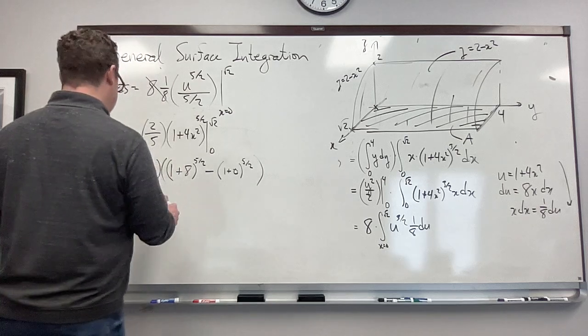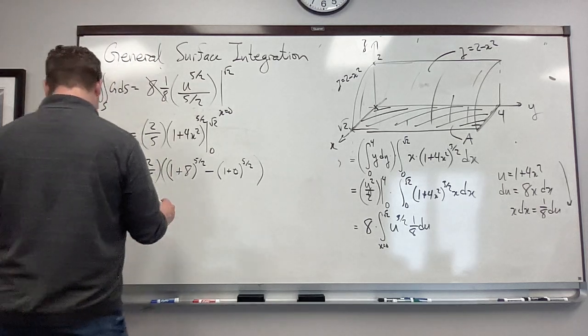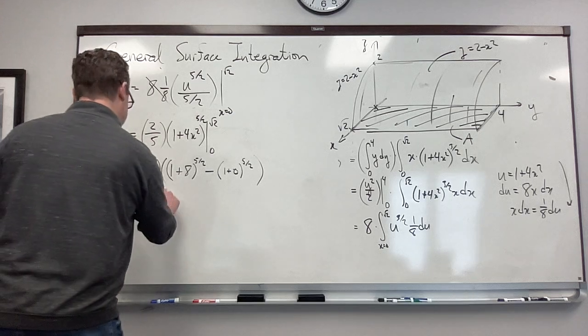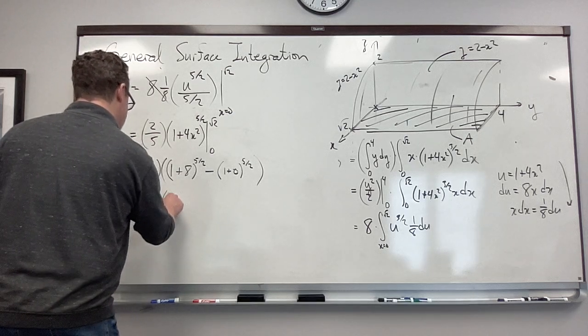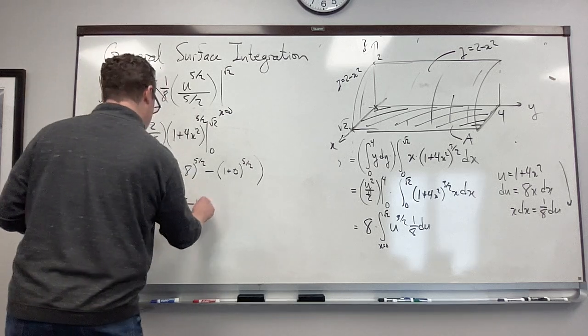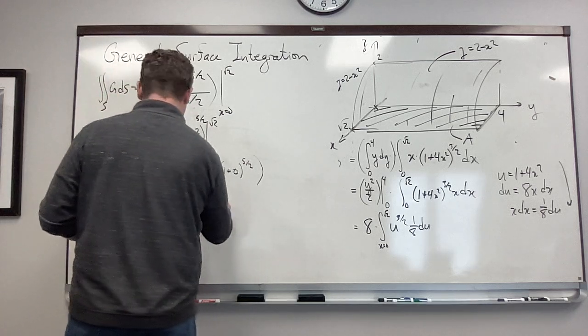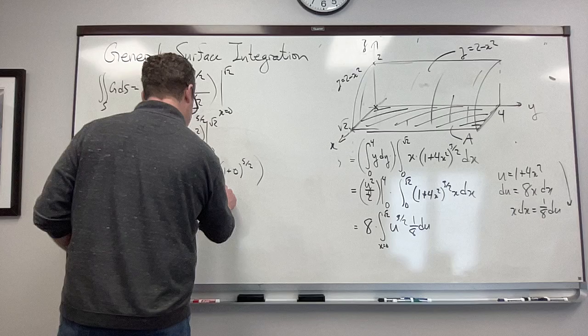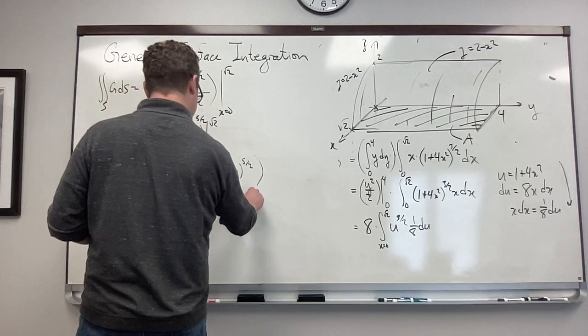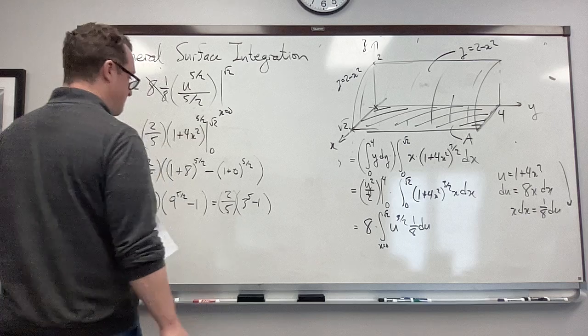So this is 9, so this is 2 over 5, and we got 9 to the 5 over 2 minus 1. So that's 2 over 5. 9 is 3 squared, so this is 3 to the 5th minus 1.